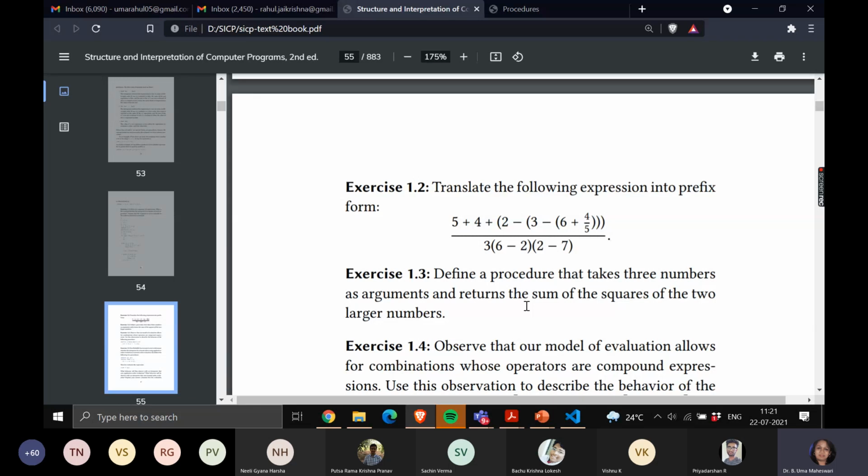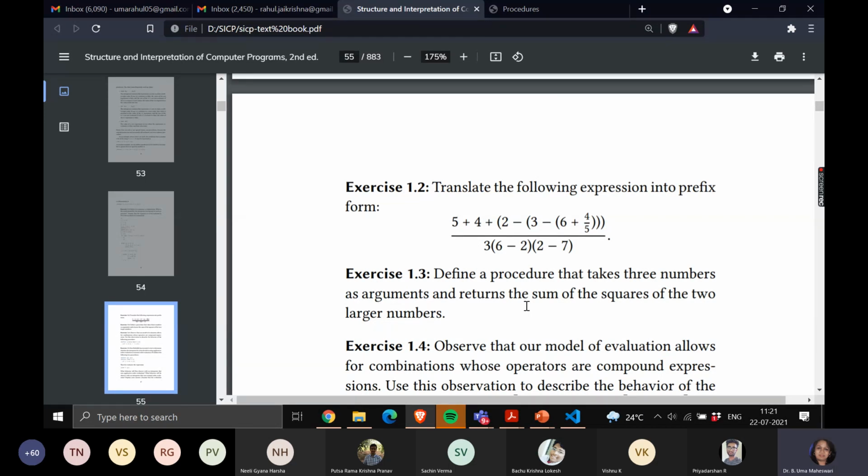Will you please do it? So you consider the arguments as x, y, z. How will you find out the 2 largest numbers among 3 numbers?